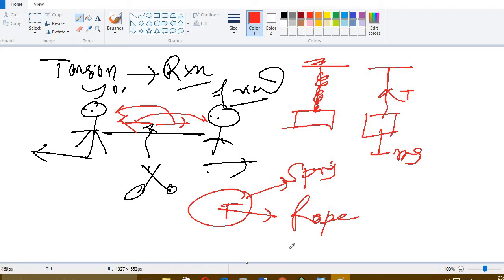So what a beautiful thing it is. So you try to understand the concept in this way. Basically this is mg, which always tries to make this thing fall, and this is a spring which is actually trying to pull it up. So in this particular thing, the spring is acting or providing the tension to it. Now another example, let's see.